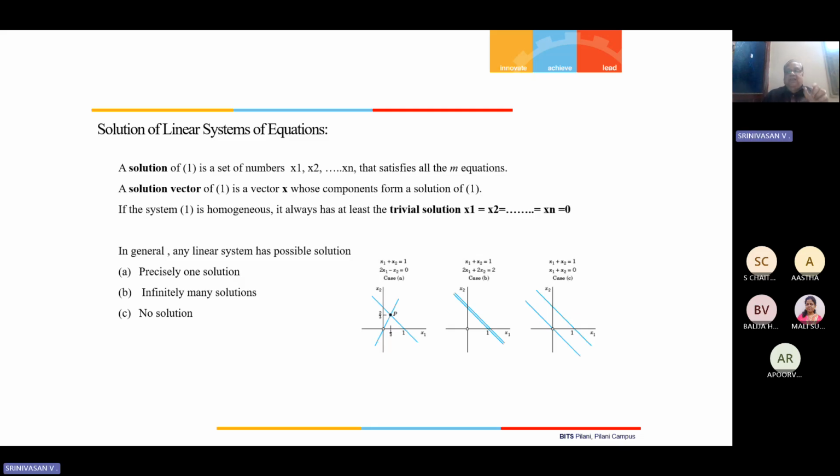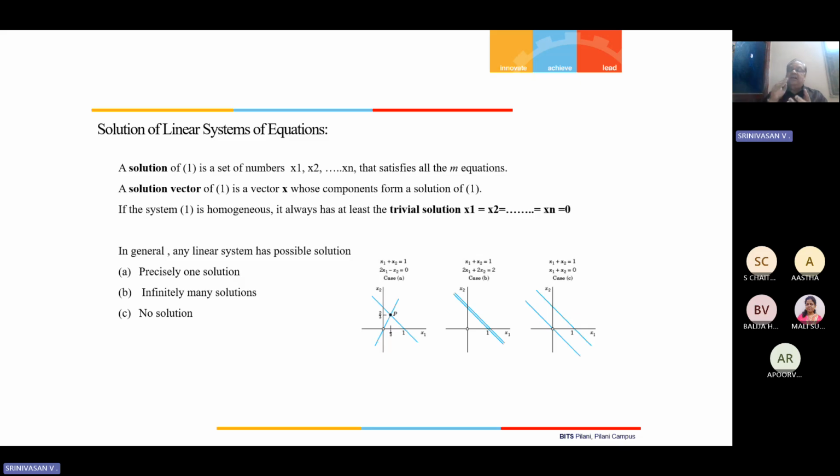Now again, rank of A equals rank of AB, the system is consistent, it has a solution, but the rank is less than n. For example, you are considering a system of three linear equations, and you find the rank of A equals rank of AB equals 2. The system is consistent, but the rank is less than the number of unknowns, 3.